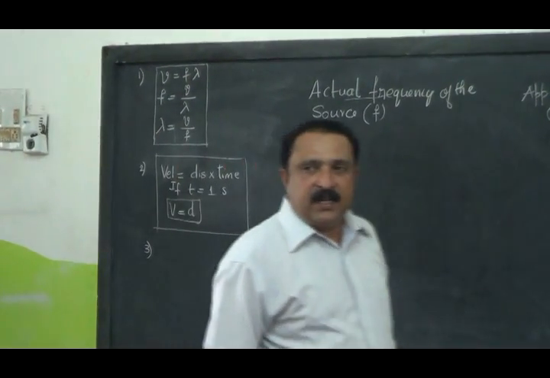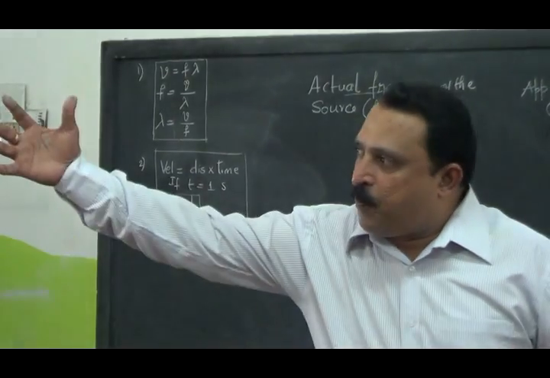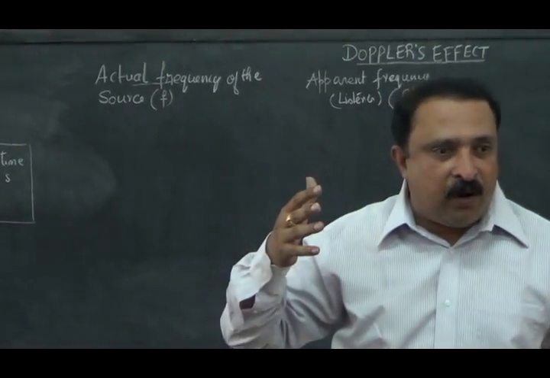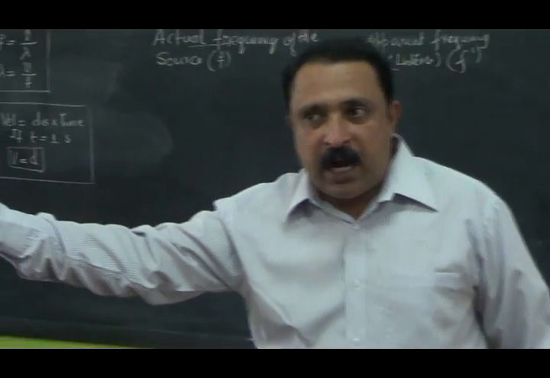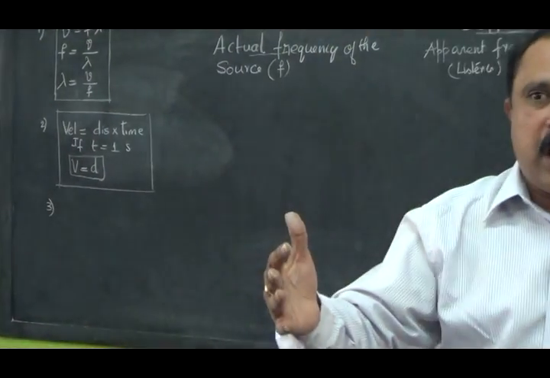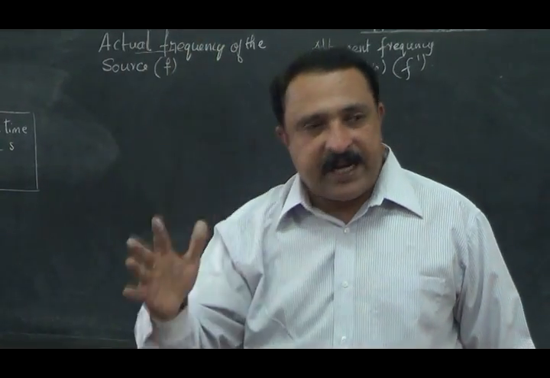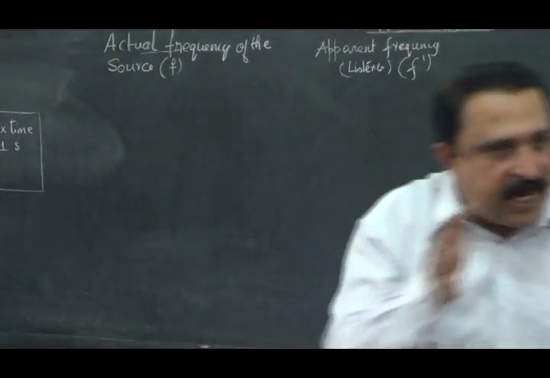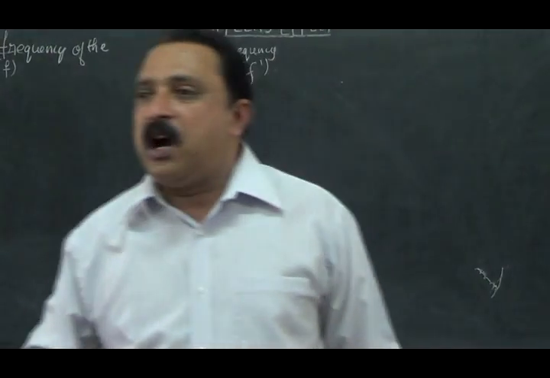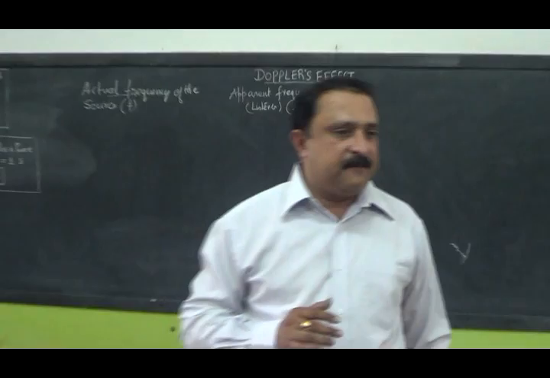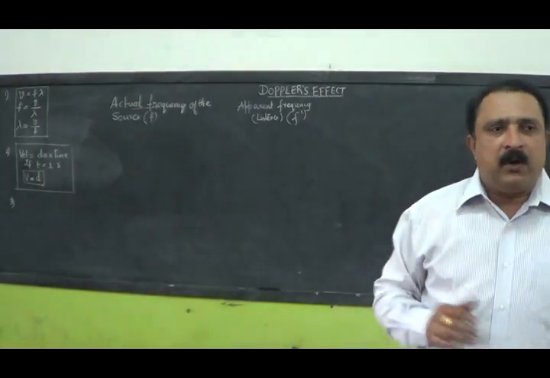I said a train approaching you from the signal to the platform. When it blows the horn, you listen to the horn with the same frequency or with increased frequency? Increased frequency. And as the train recedes from you, you listen to the horn with the same frequency or decreased frequency? Decreased frequency. Why should it be?